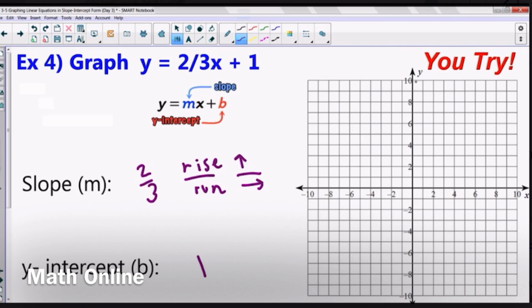So the y-axis is this vertical line going up and down, and the positive one is located right about here. So now that we placed our y-intercept on the y-axis, we want to use our slope to draw more points on this graph.